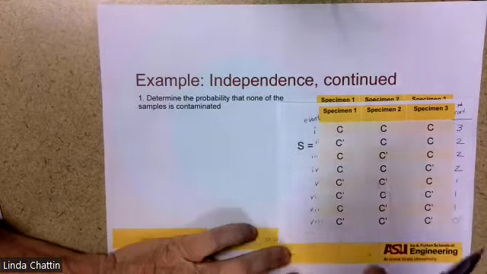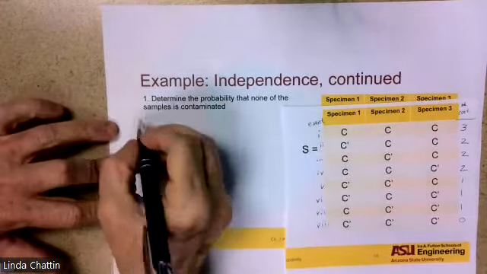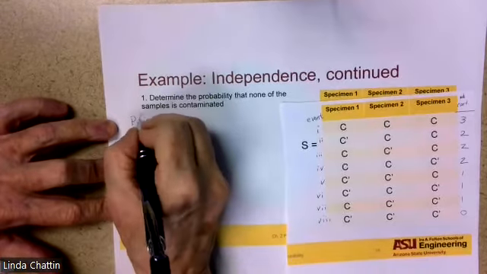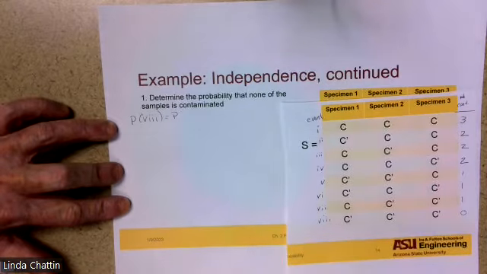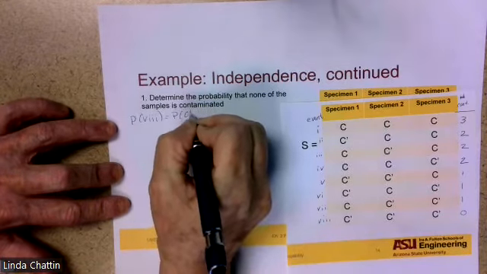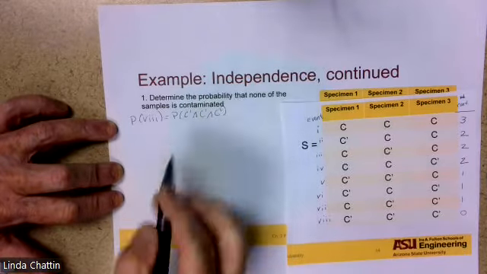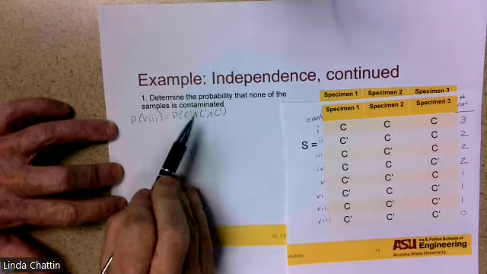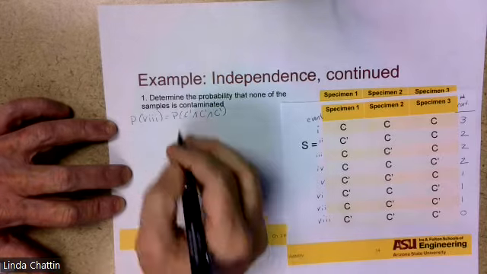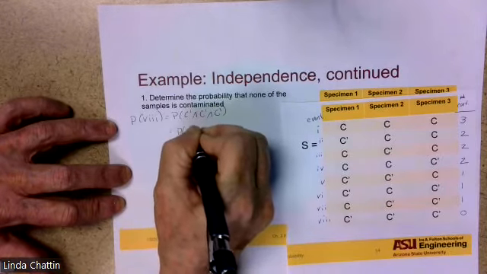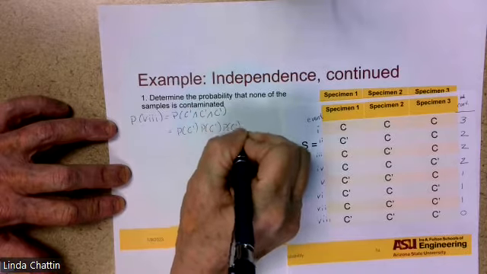So the probability that none of the samples is contaminated is the probability of event 8, which, when they're independent, remember, is the probability of C prime and C prime and C prime. So this is not contaminated specimen 1, not contaminated specimen 2, not contaminated specimen 3. And since they are independent, I can say that that's the probability of C prime times the probability of C prime times the probability of C prime.